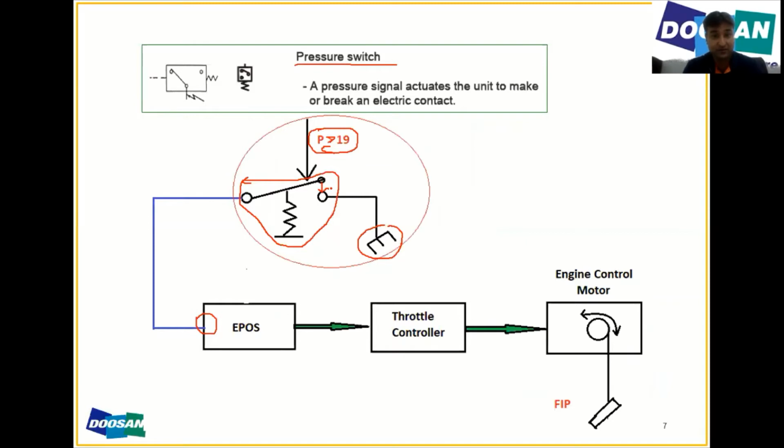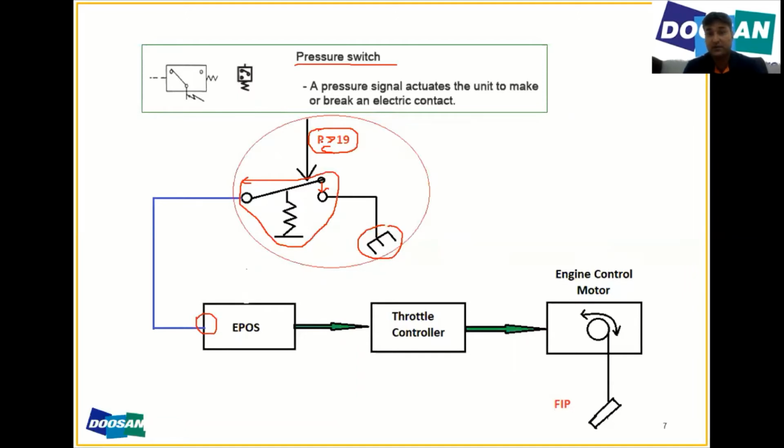But if the pressure is less than 19 bar, then this switch will be open, and that is the normal condition for this switch. Actually, there are two types of pressure switches, one normally open and another normally closed. The pressure switches we are using for the auto idle system are normally open switches. So when the pressure is less than 19 bar, which pressure is this?